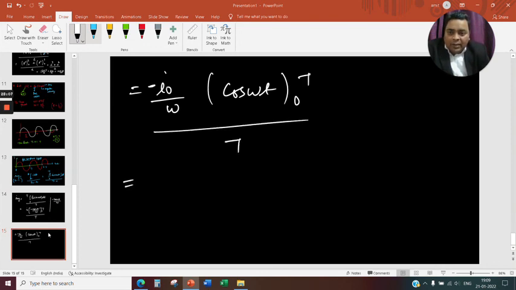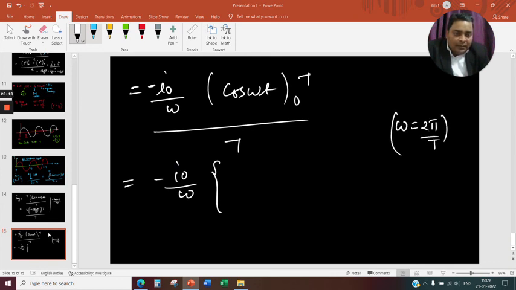Then the next step, minus I naught by omega, and inside the bracket, as we know omega is what? 2 pi by T here. So the same changes I'm making here also. Cos omega, 2 pi by capital T multiplied by small t from 0 to T here.